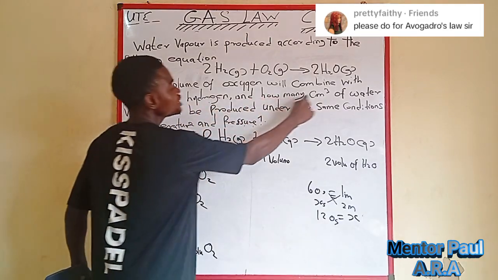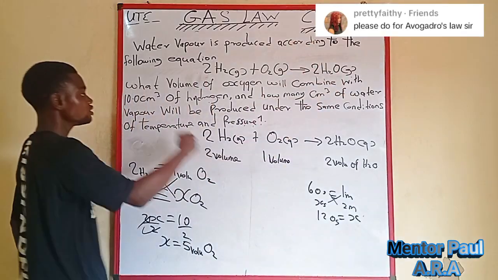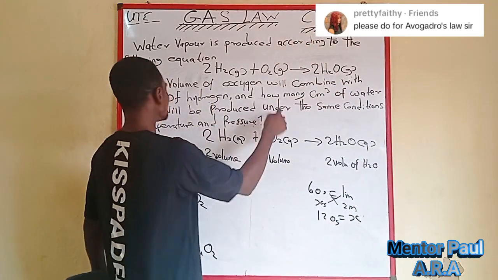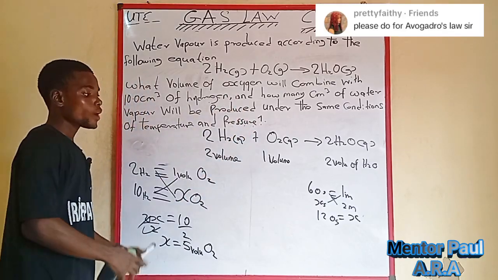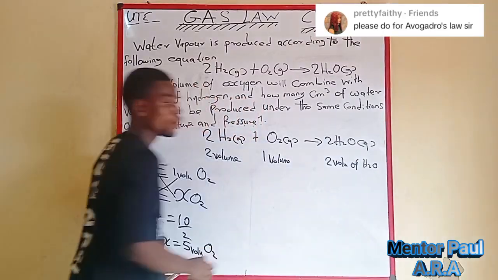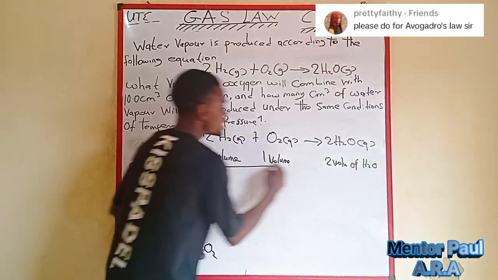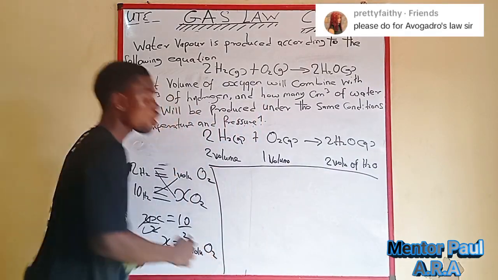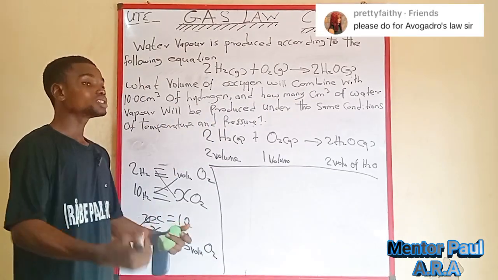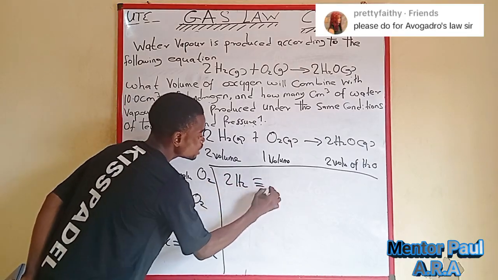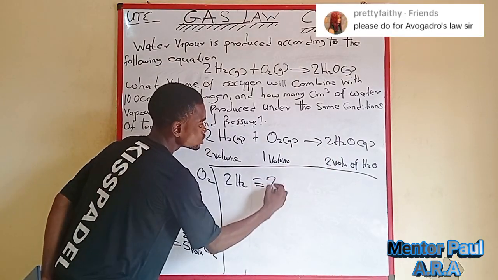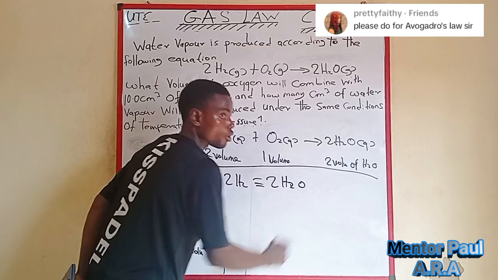The second question says, how many cm cube of water vapor will be produced under the same condition of temperature and pressure? All right, this is very simple. I said we always do this using direct proportion. Now, according to the direct proportion, I have that 2 hydrogen is very much equal to 2 water vapor.